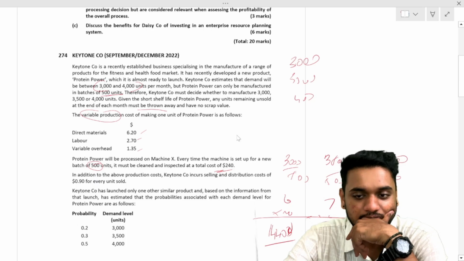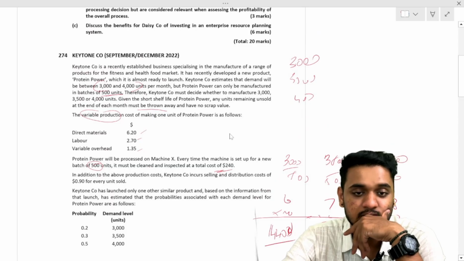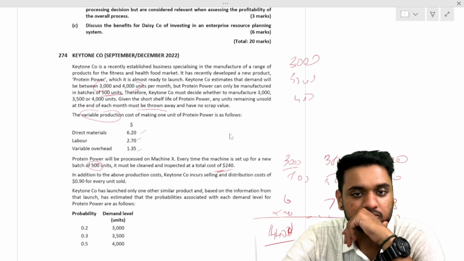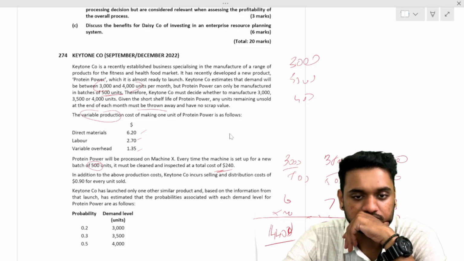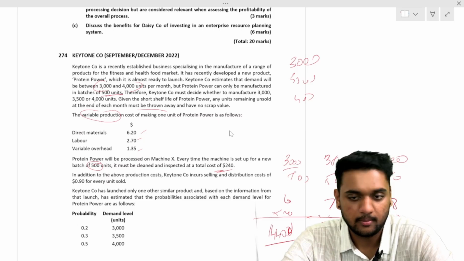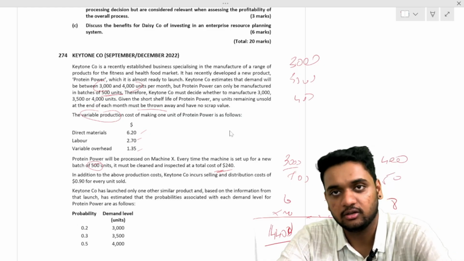Selling, I will come to that later. Can we proceed? No change we need to do.